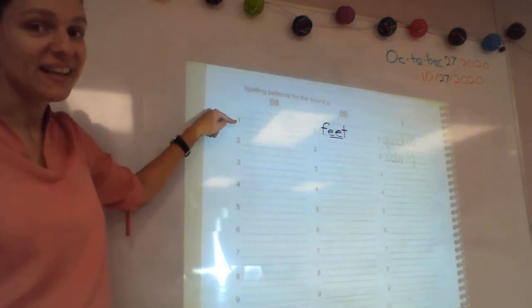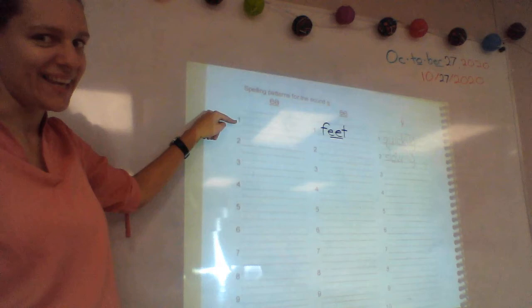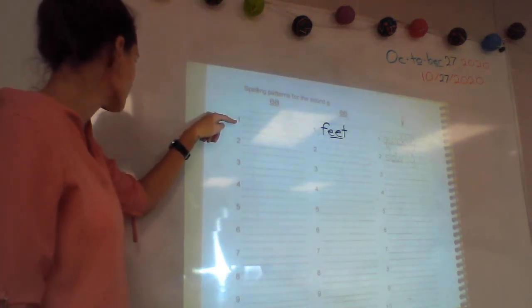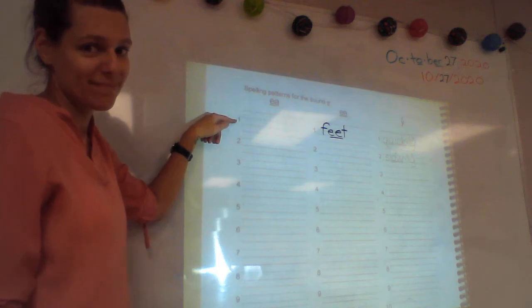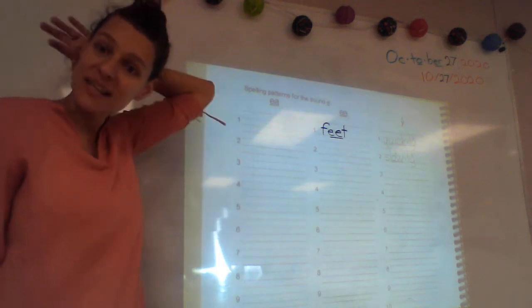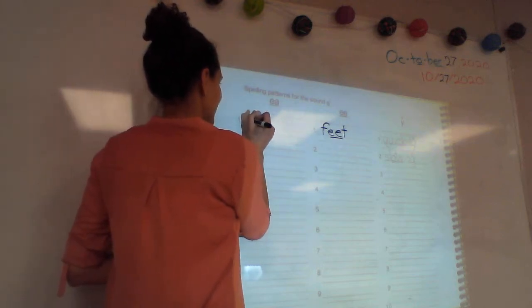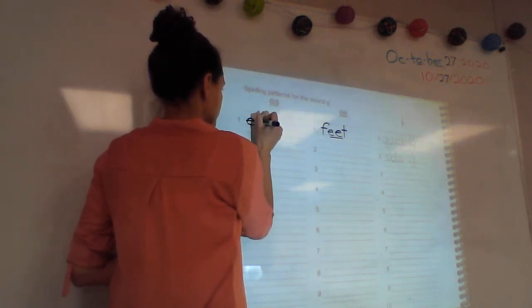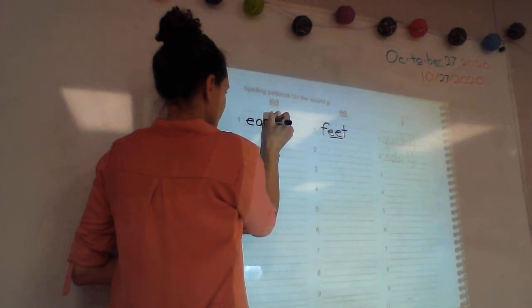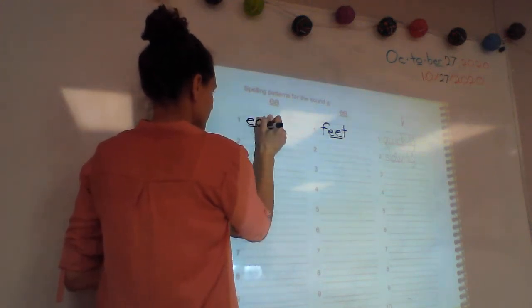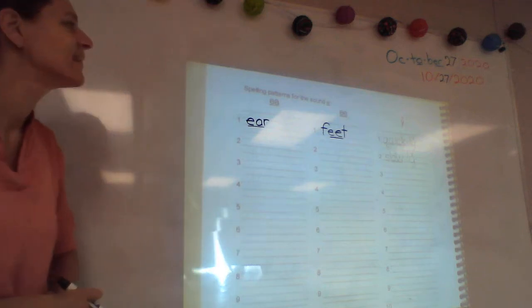So on the first free line you have, let's write ear. Class, which E did you use in ear? Excellent, E, A. All right, and then mark it. I hope you marked it already.